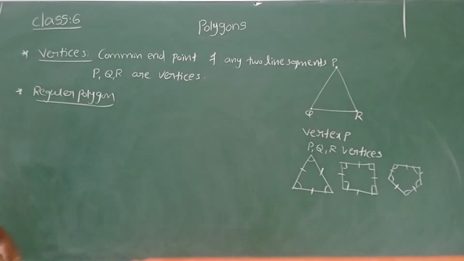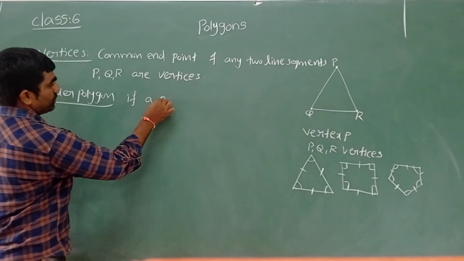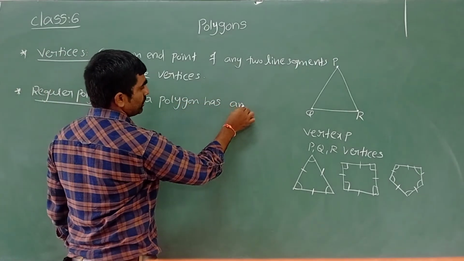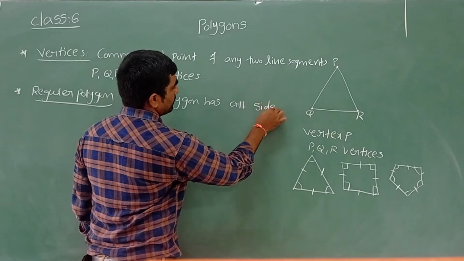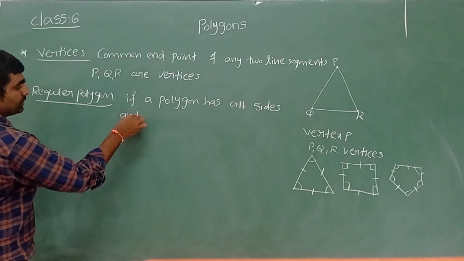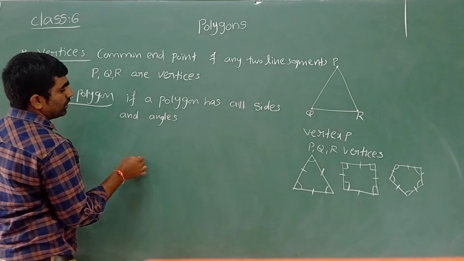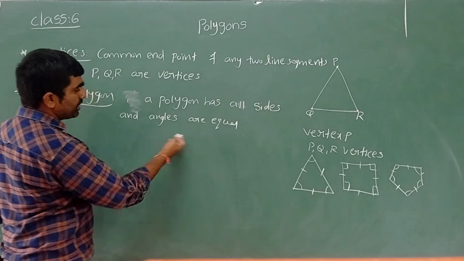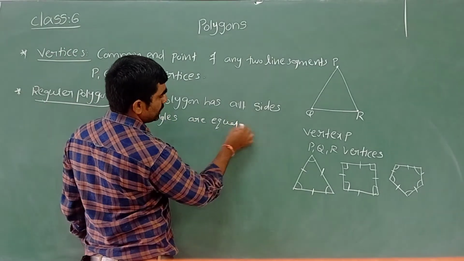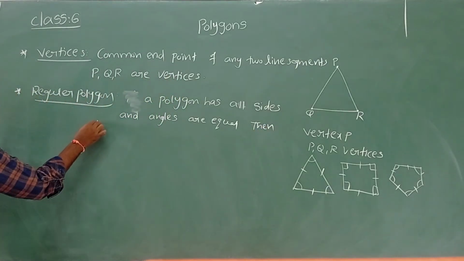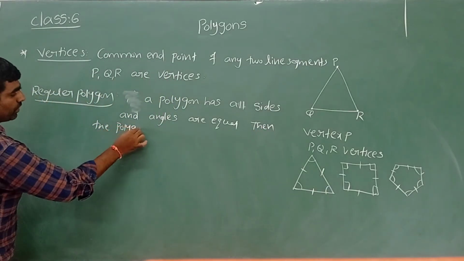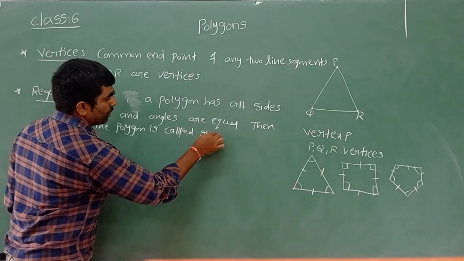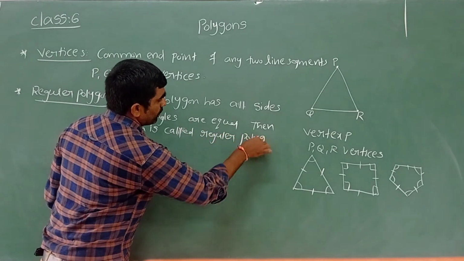What is meant by regular polygon? If a polygon has all sides equal and all angles equal, then the polygon is called a regular polygon.